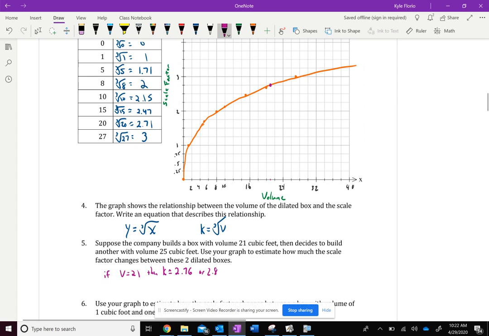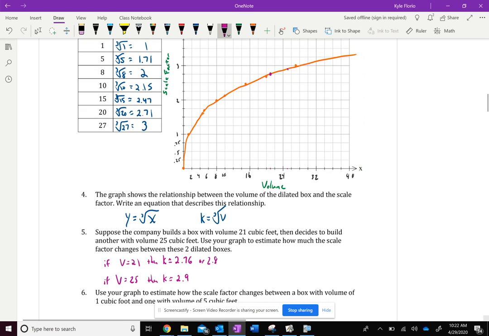And if the volume is 25, let's say 25 is going to be right about here. That looks to be just under 3. Then k is about, I don't know, 2.8. Let's call it 2.9, approximately here. And we could do the cube root to get a more accurate answer.